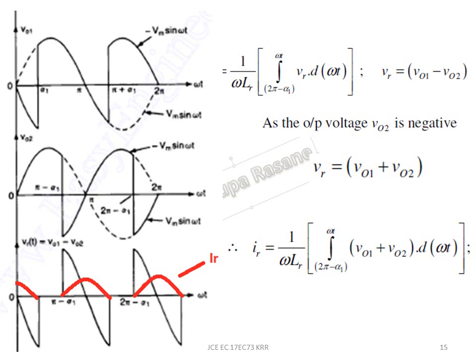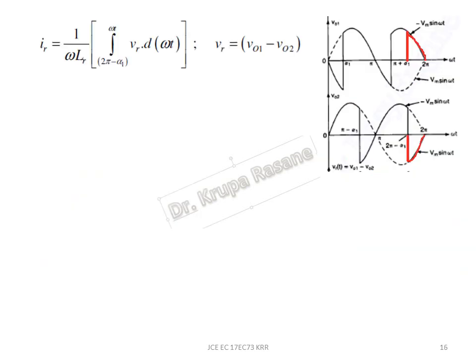So continuing with the circulating current derivation, we know that IR is equal to 1 upon omega LR times the integral of VR d omega t between 2 pi minus alpha to omega t. Okay, so V01 I have shown here in red, for the period 2 pi minus alpha to omega t.